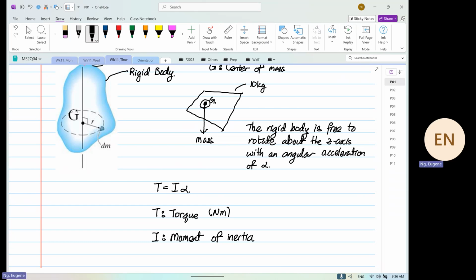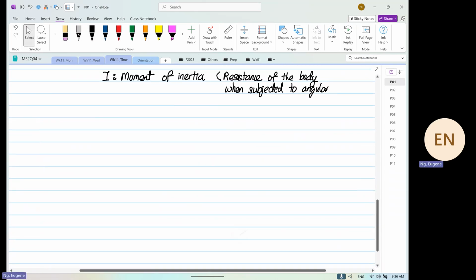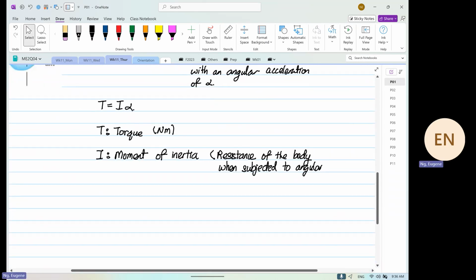The moment of inertia over here also reflects the resistance of the body when subjected to angular acceleration.